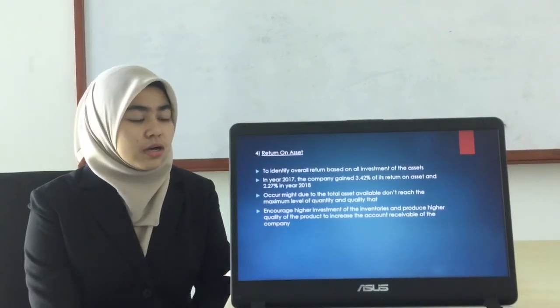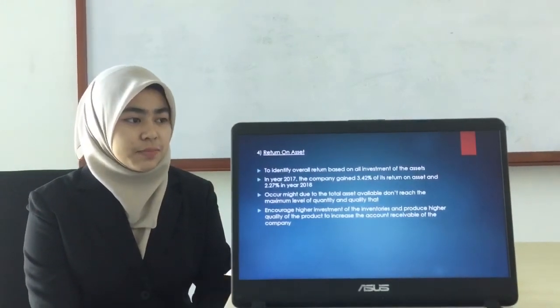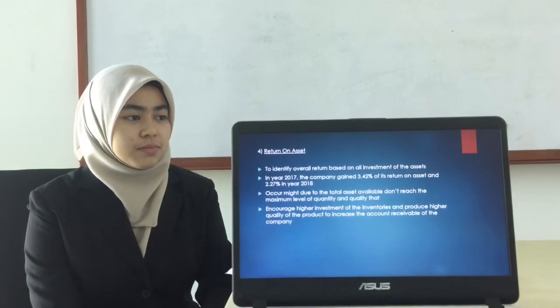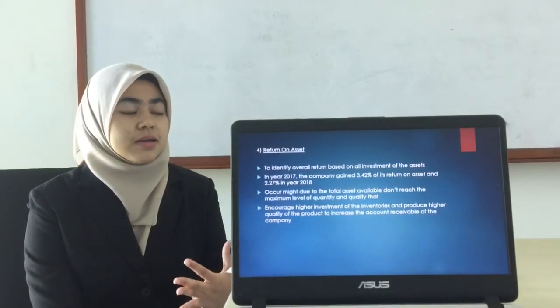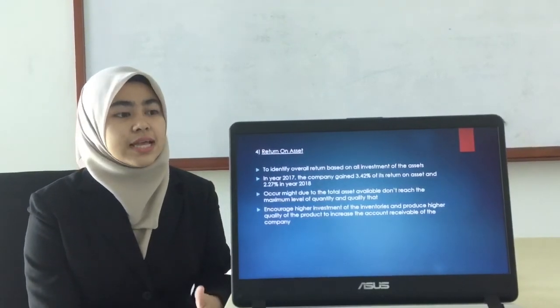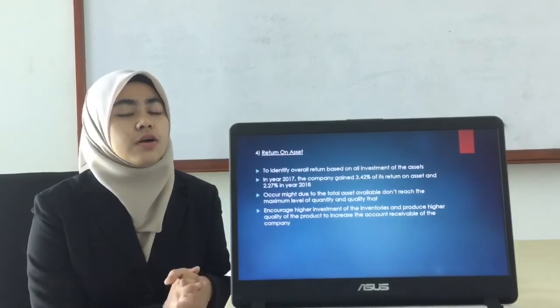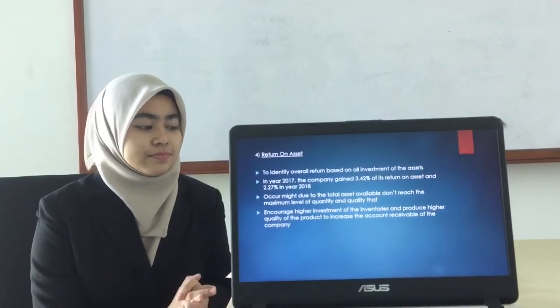And also, from that, it could promise higher return on asset to the company because the decrease might occur due to the total assets available not reaching the maximum level of quantity and quality.